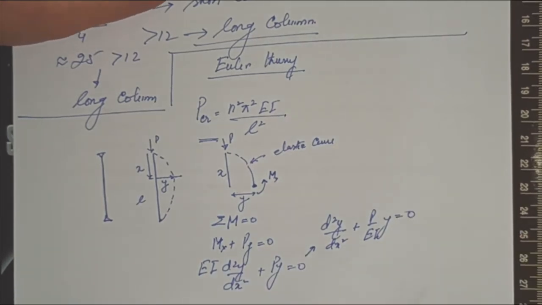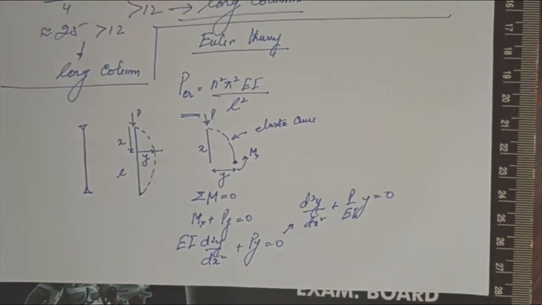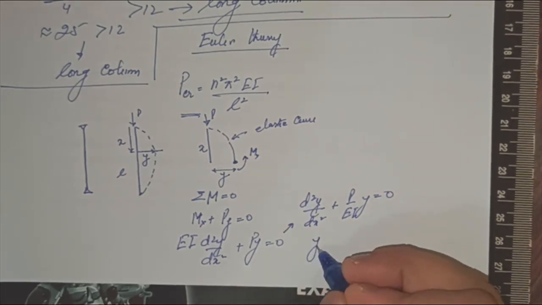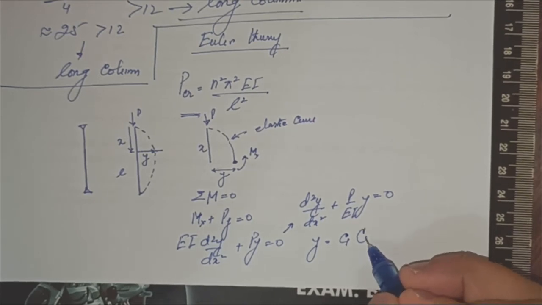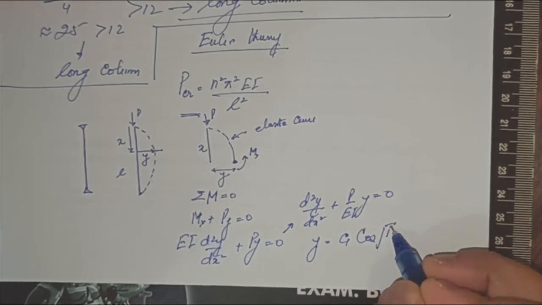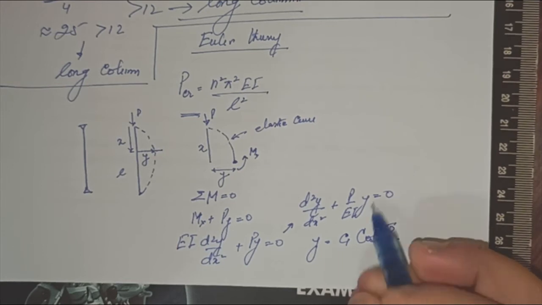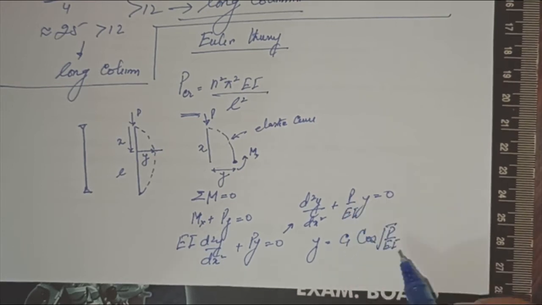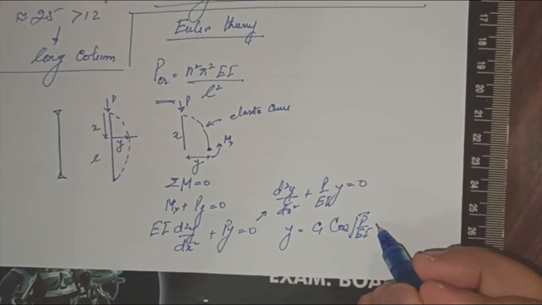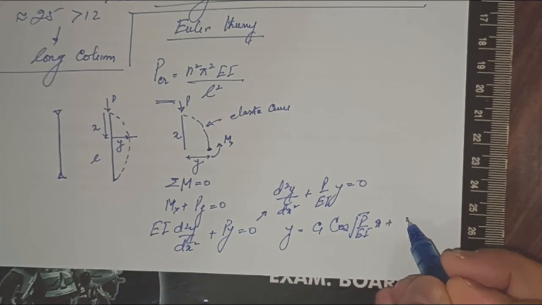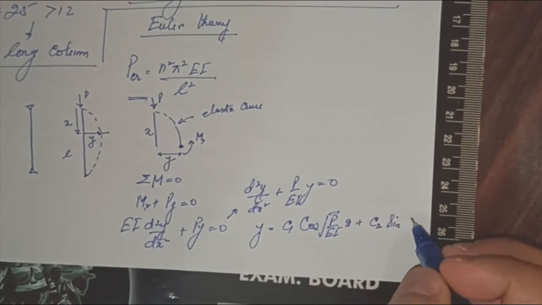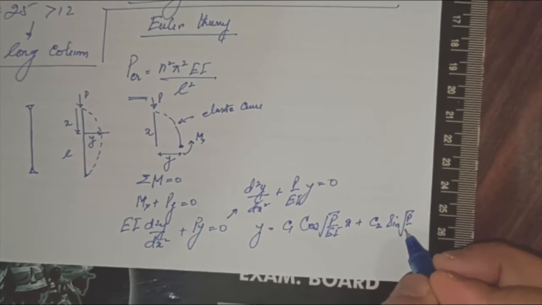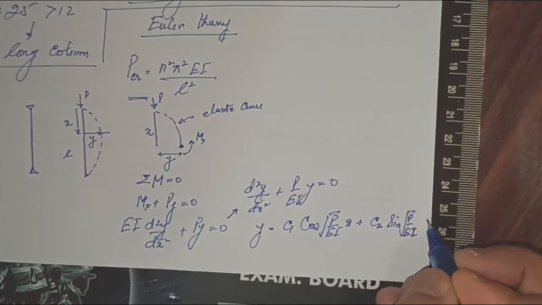0. So the solution for such equations can be drawn as y equals C1 cos square root of P upon EI times x, plus C2 sine square root of P upon EI again times x.